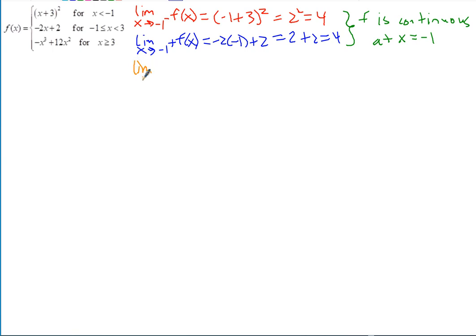So the limit as x approaches 3 from the left, well, that would be this middle piece here, so negative 2 times 3 plus 2. That's negative 6 plus 2 gives you negative 4. And we'll compare that with the limit as x approaches 3 from the right.